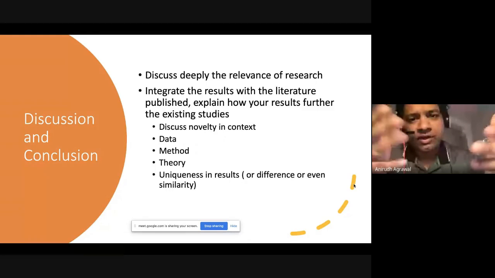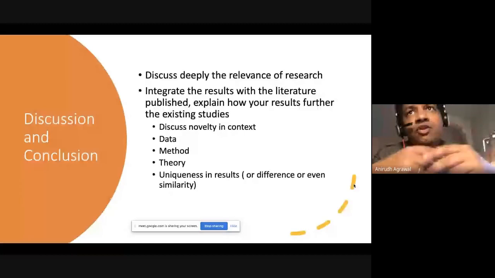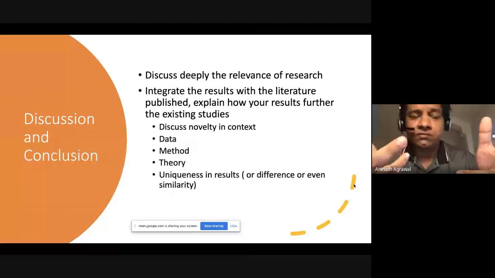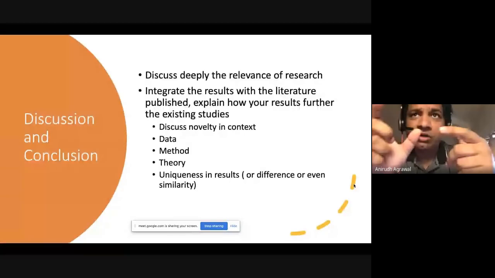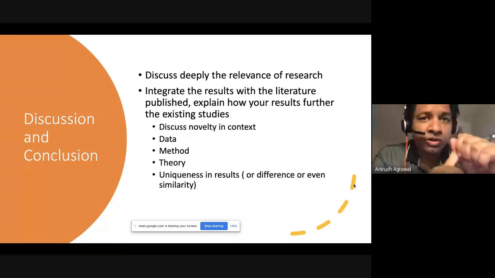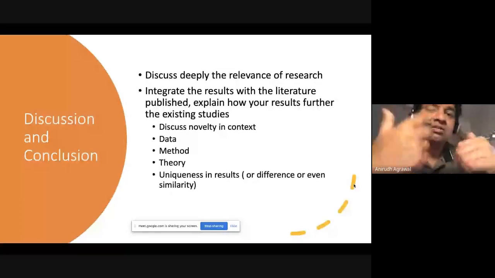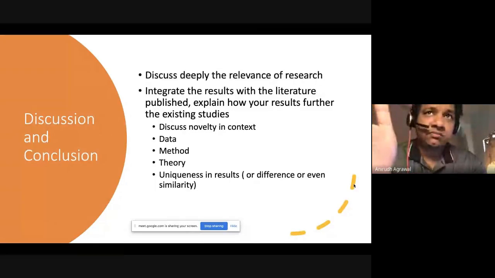And so how do you do that? Your literature review and your introduction is the reason why you're doing your research. So you have to justify the reason. Your literature review and your introduction have a very important component, which is called the research question. Of course your research should answer your research question and nothing else.